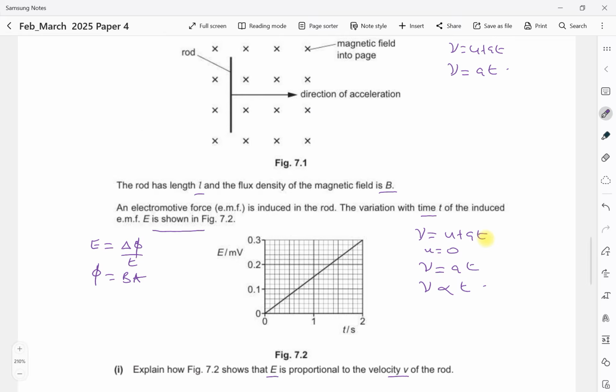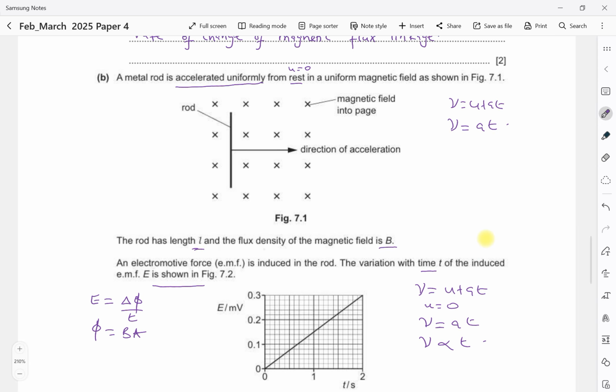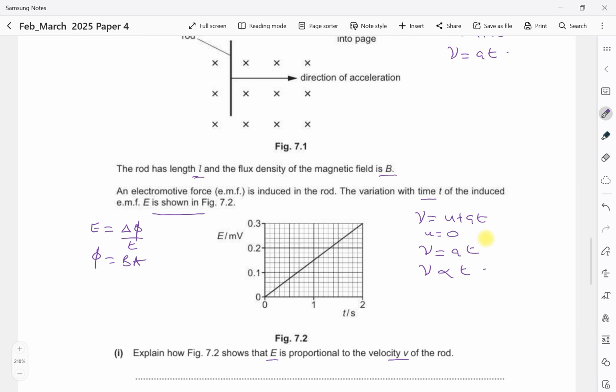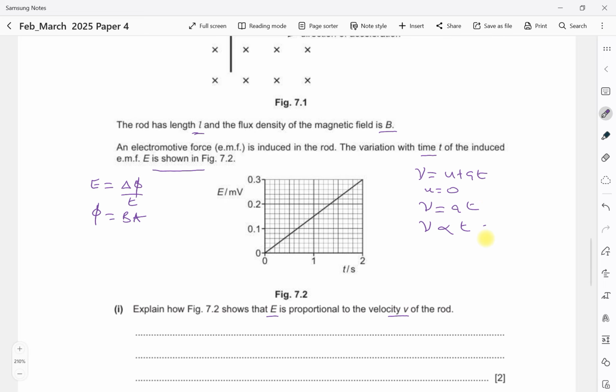If the rod has length L, the area through which the rod sweeps is the length of the rod times the distance through which it moves.